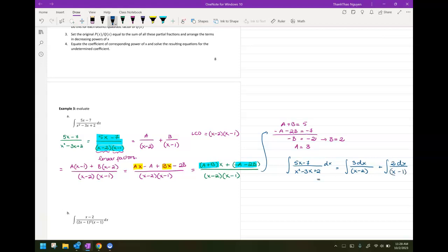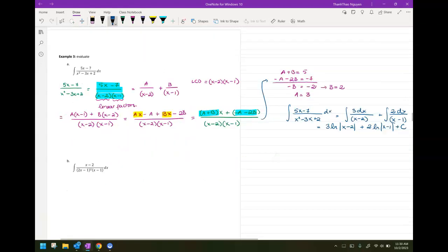So this equals 3 ln of the absolute value of x minus 2 plus 2 ln of the absolute value of x minus 1 plus the constant c.